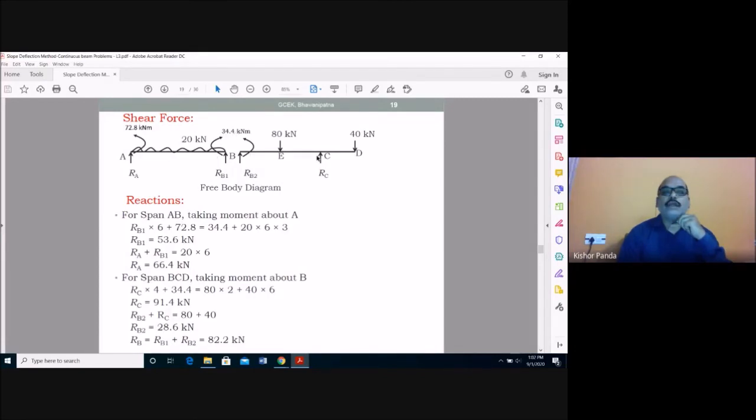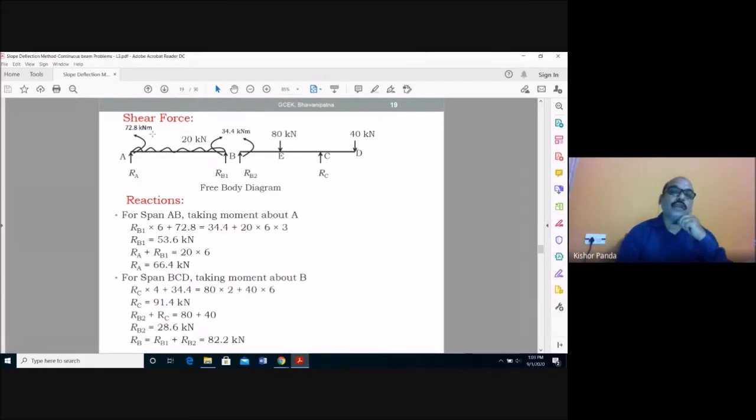Here you do not need to take a moment because you are taking the overhanging portion. When you take this side separately, you can take the moment here, but when you take the simply supported span jointly with the overhanging portion, there is no need of taking any moment. And you know this span and the loading is given.